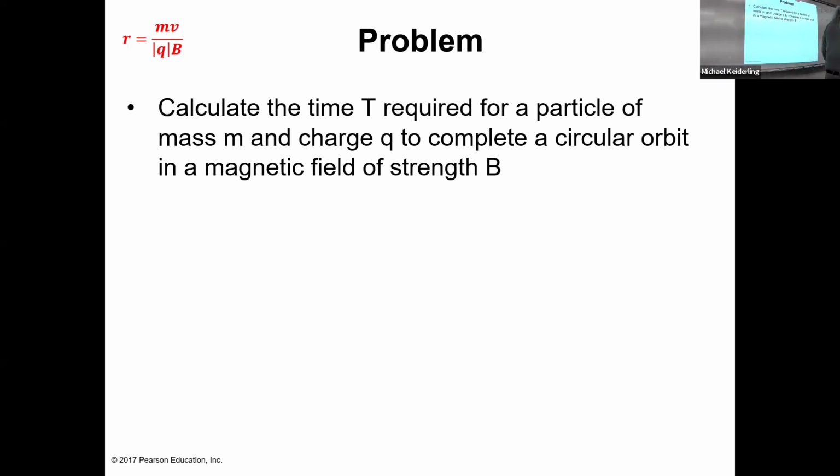So that time t is 2 pi times the radius divided by the velocity.